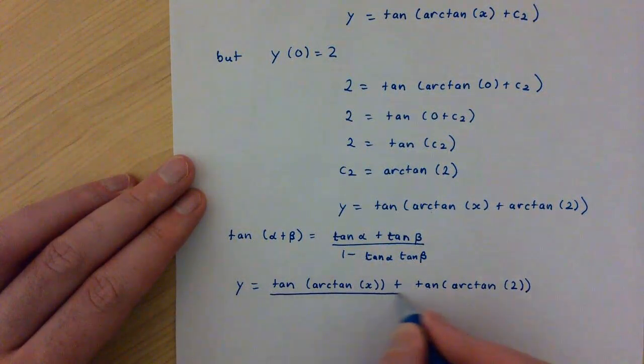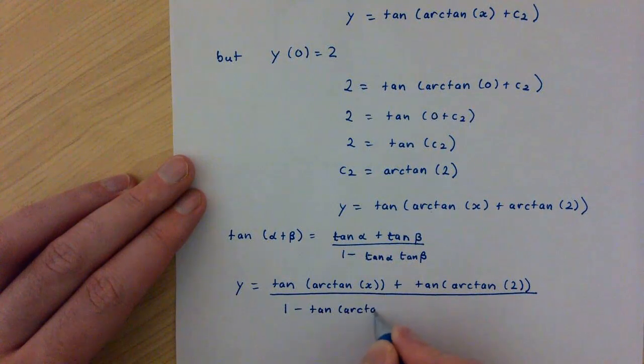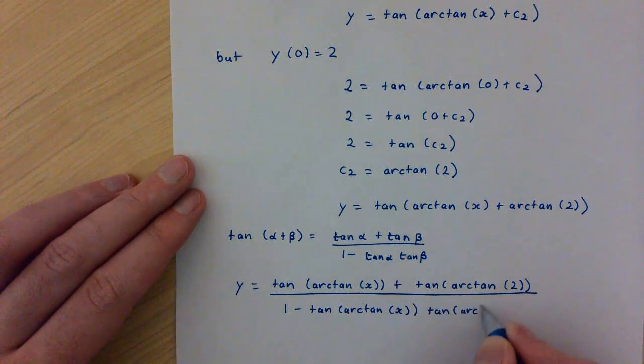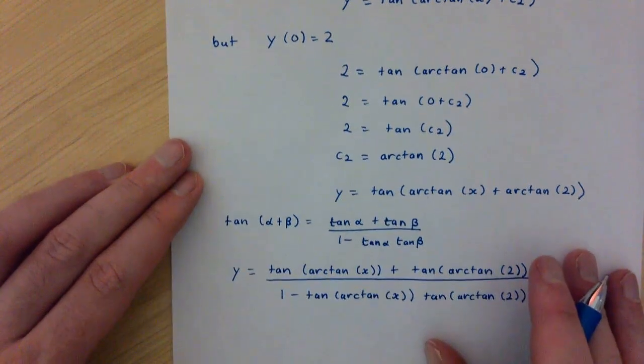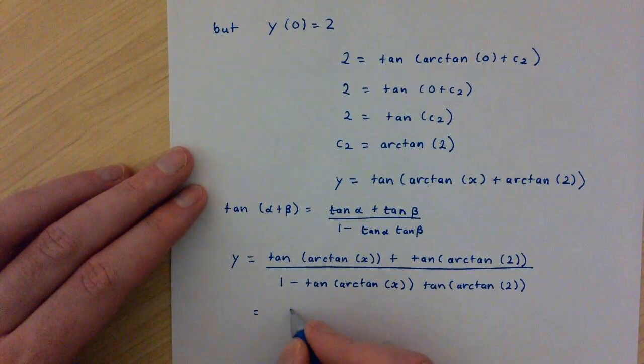and then that will be all over 1 minus tan of arctan of x times tan of arctan of 2. And so in all those cases, the tan and the arctan are going to cancel. So I'm going to have tan of arctan of x, which is just x.